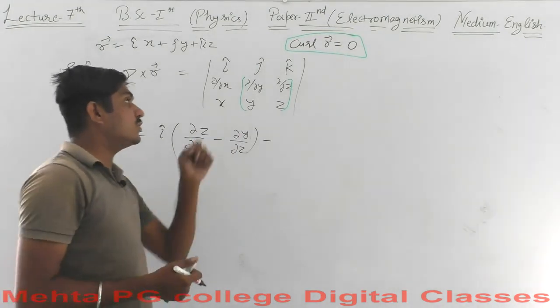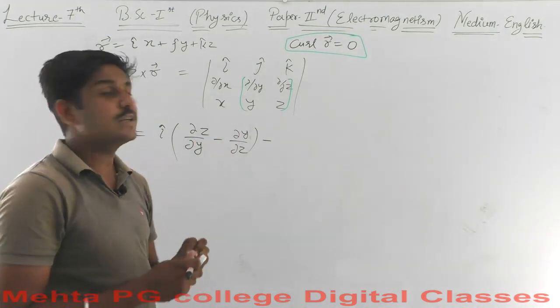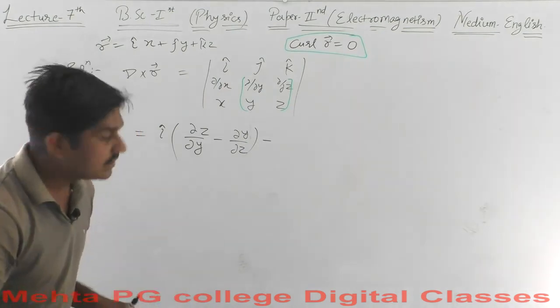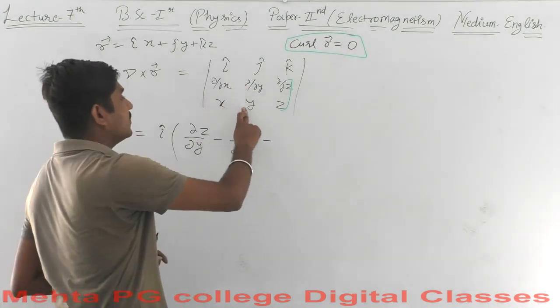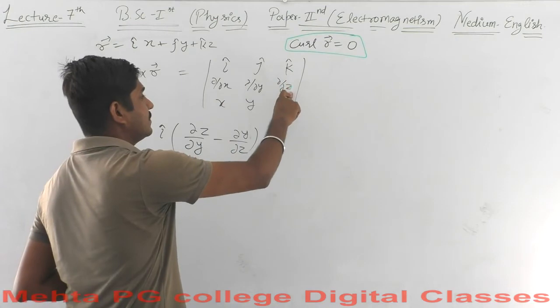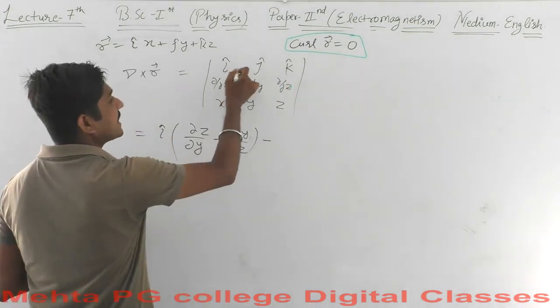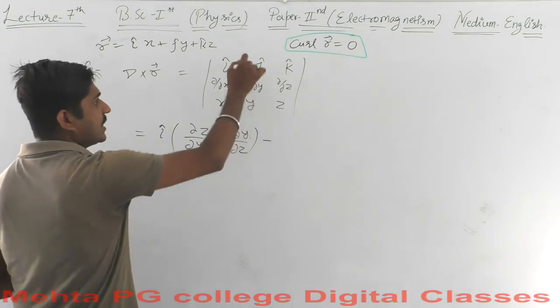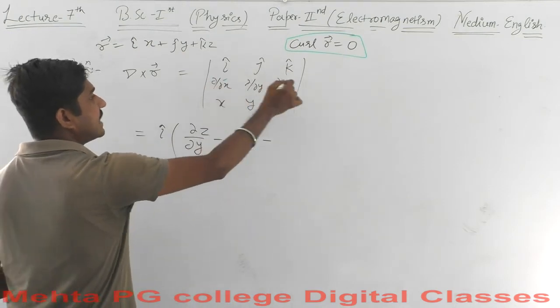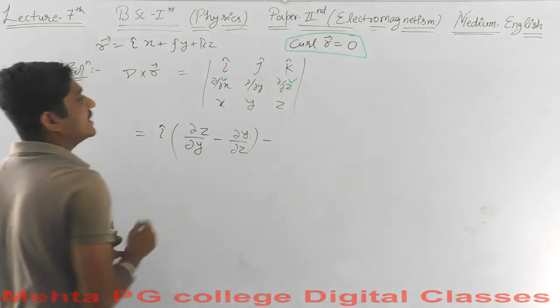Again, what will we do when we have the unit vector j? We will neglect its row and column and come up with the remaining two.